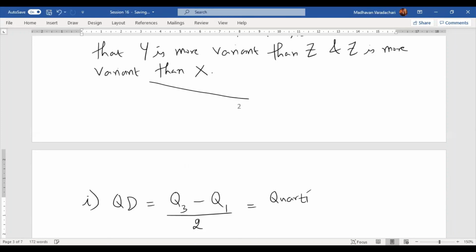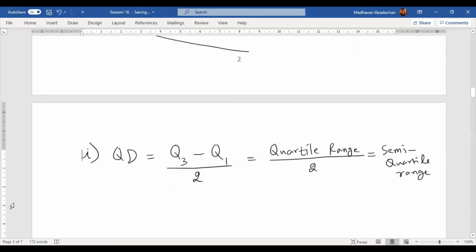You can also call it as quartile range, the numerator. Divided by 2. Since you are dividing it by 2, this quartile deviation can also be called as semi-quartile range. Why semi? Because the quartile range is getting divided by half, for that reason.